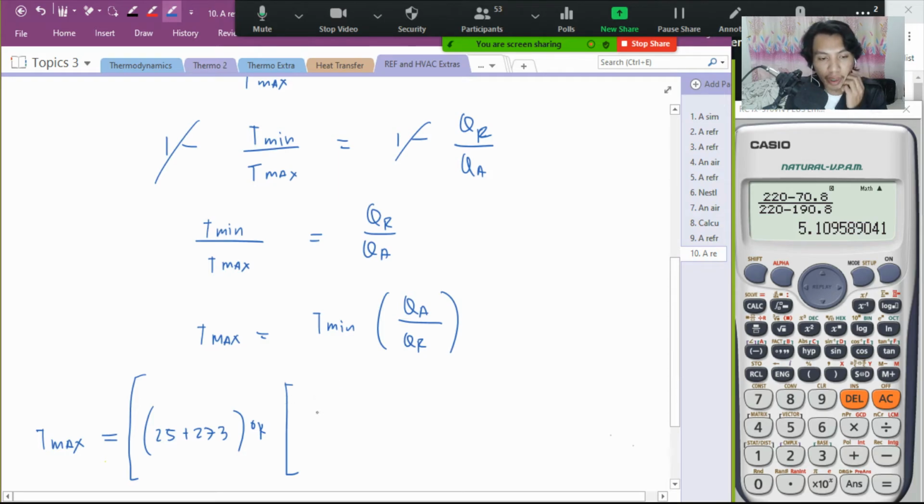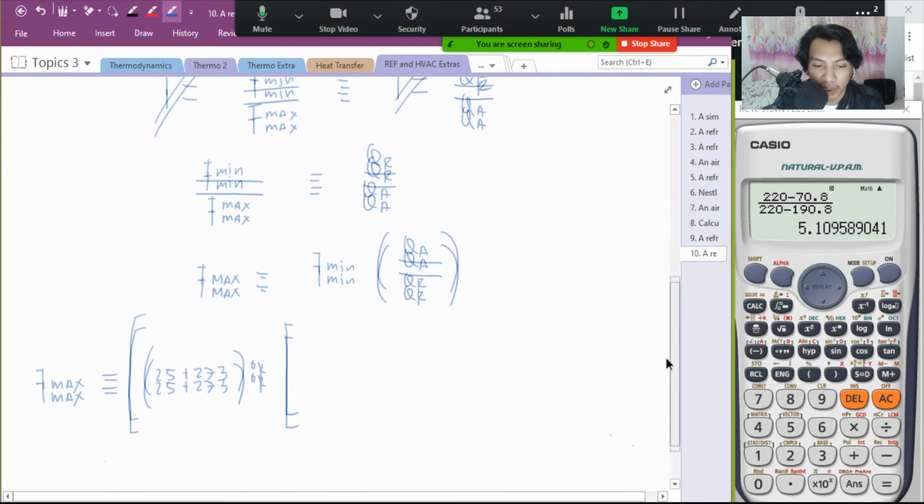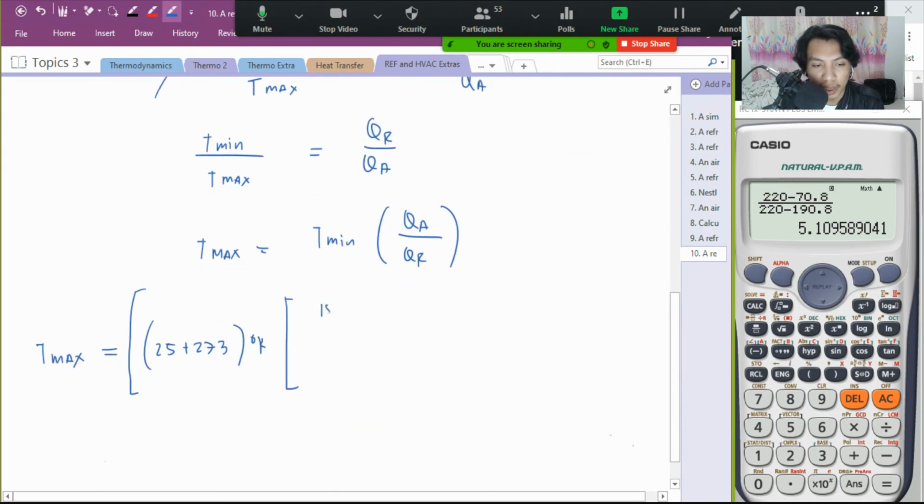You multiply it with QA. Ano yung QA natin dyan? Kilojoule per minute. Gawin natin kilowatts. So, 18,000 kilojoule per minute times 1 minute in every 60 seconds. Okay?